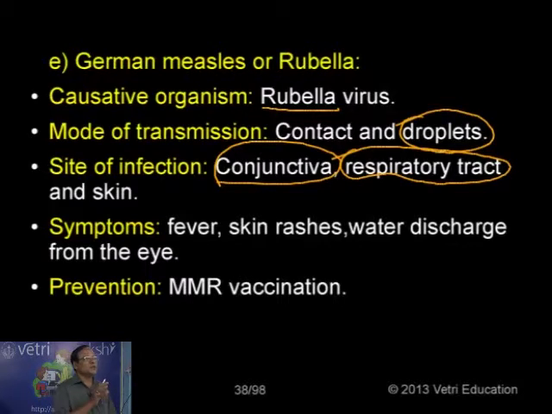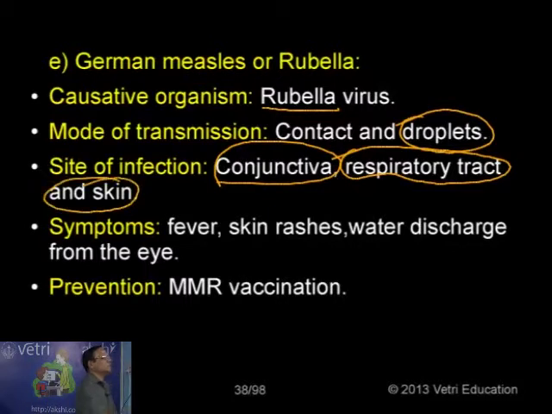These are the areas through which the virus normally enters the body, either through the conjunctiva or through the respiratory tract. The main sites of infection are these two, conjunctiva and respiratory tract, along with expression in the skin.